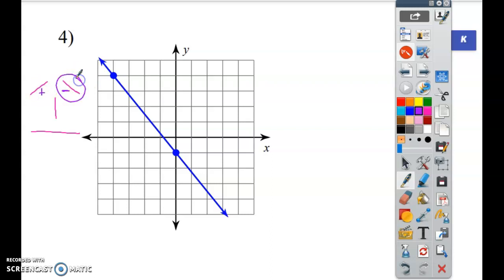So it looks like the negative one because when you do the rise, you're going down instead of up and over. So again, write this down. Slope equals rise over run. How much do we go down? So let's count.